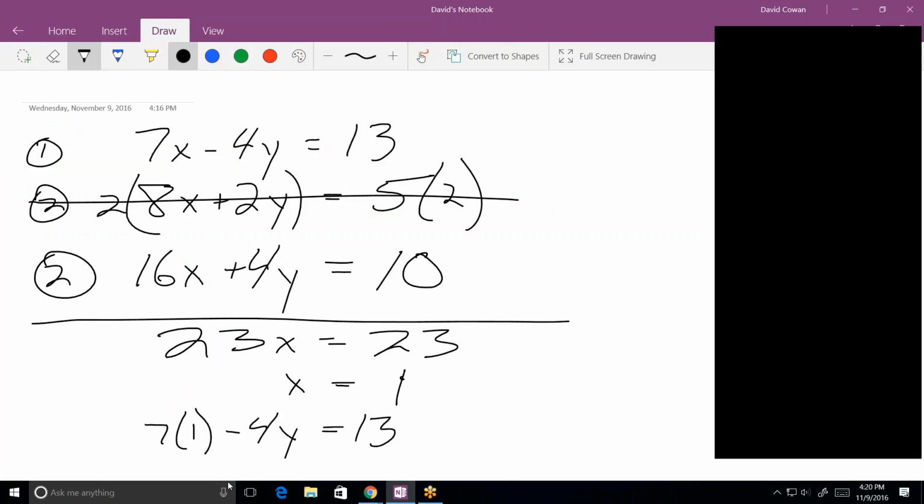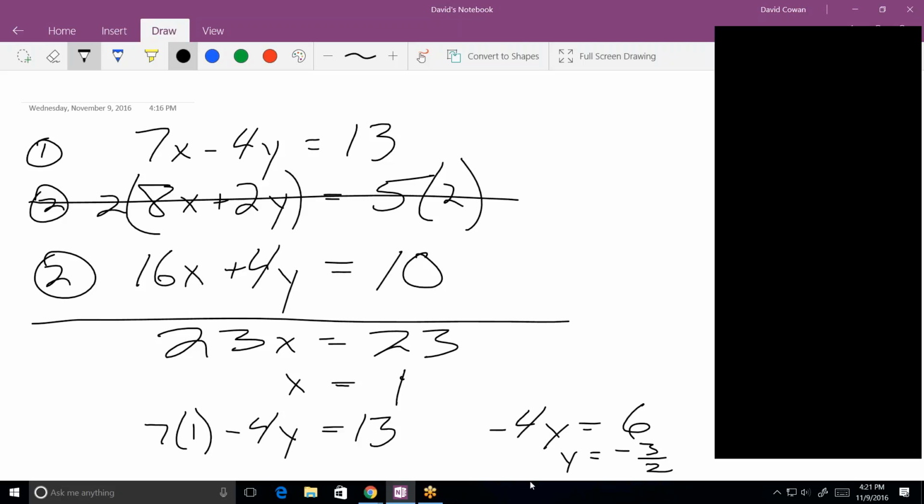You subtract 7. Now I got minus 4y equals 6. And then you divide by -4. So now we got y equals minus 3/2. In other words, you get minus 6/4, but you can simplify that to minus 3/2.